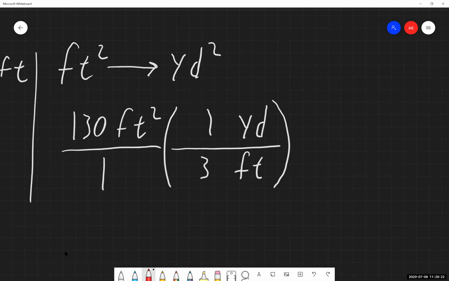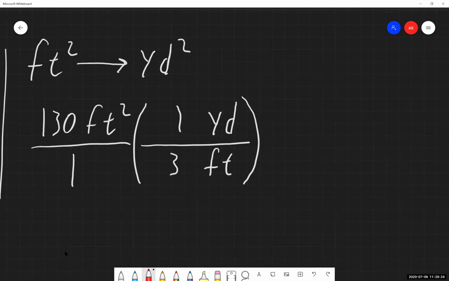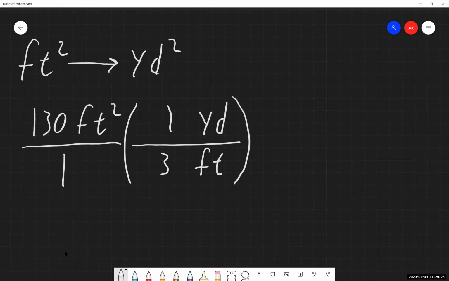So you have two options in how you can deal with this problem. You can either take this parenthesis that we have and square it, so we put a little squared up here. Or alternatively, you can say, okay, square feet is the same as saying feet times feet. So you could write out the exact same fraction one more time.